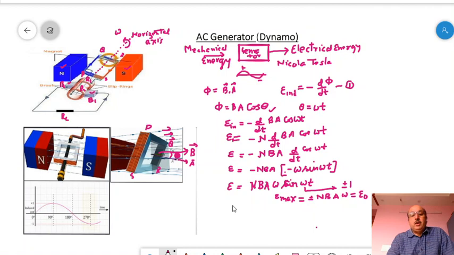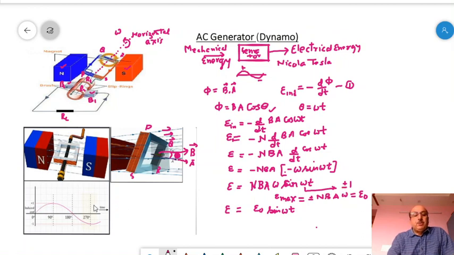So the induced EMF across the ends of the armature is equal to E naught sine omega t. Right? This equation is sinusoidal. It has positive polarity as well as negative polarity.